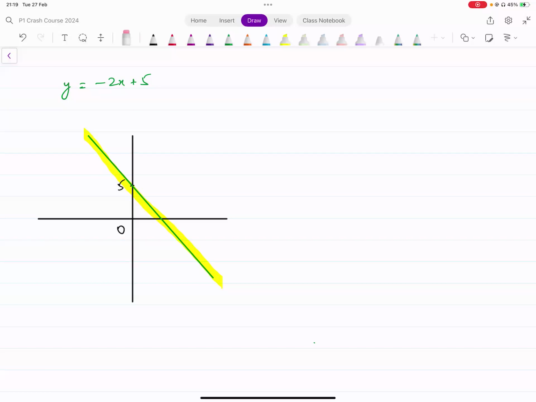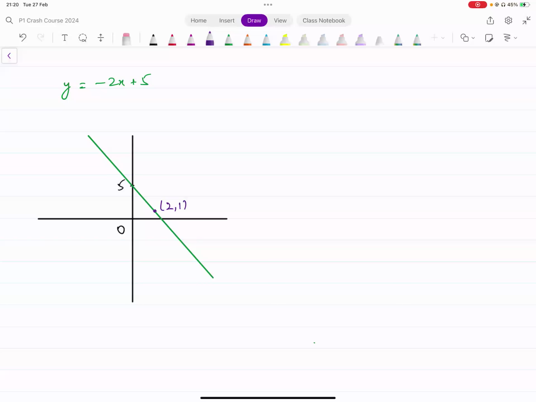Satisfy this equation, what does that mean? That means if I had this point, for instance, let me mark one point here. Let's say this is a point. This point has coordinates 2 and 1. I'm saying this point lies on the line. How can you prove that this point lies on the line?